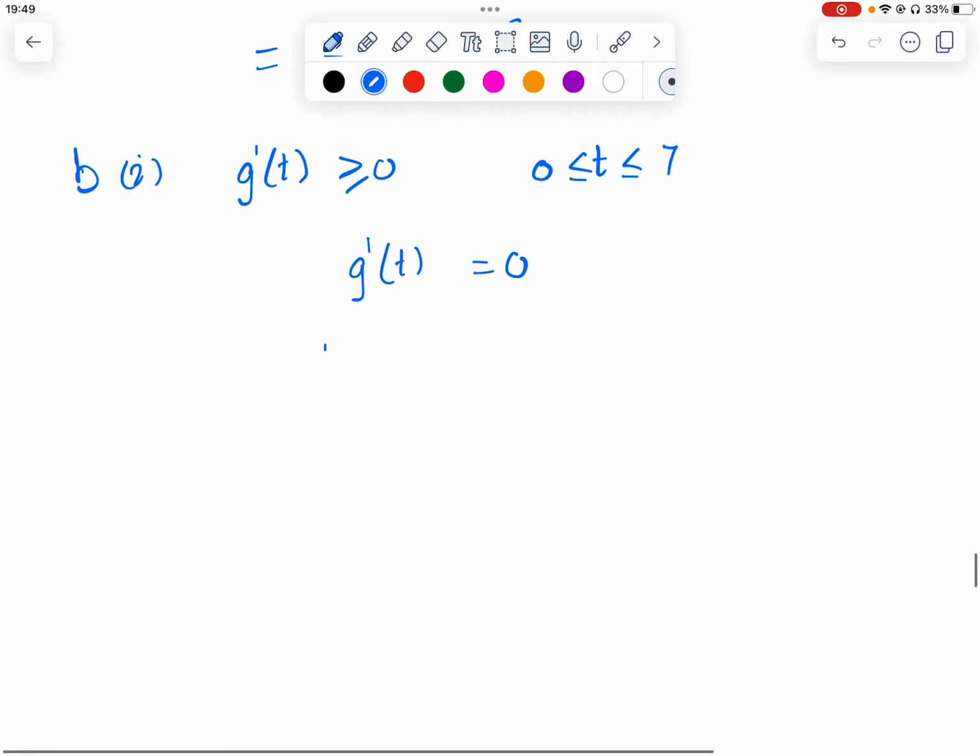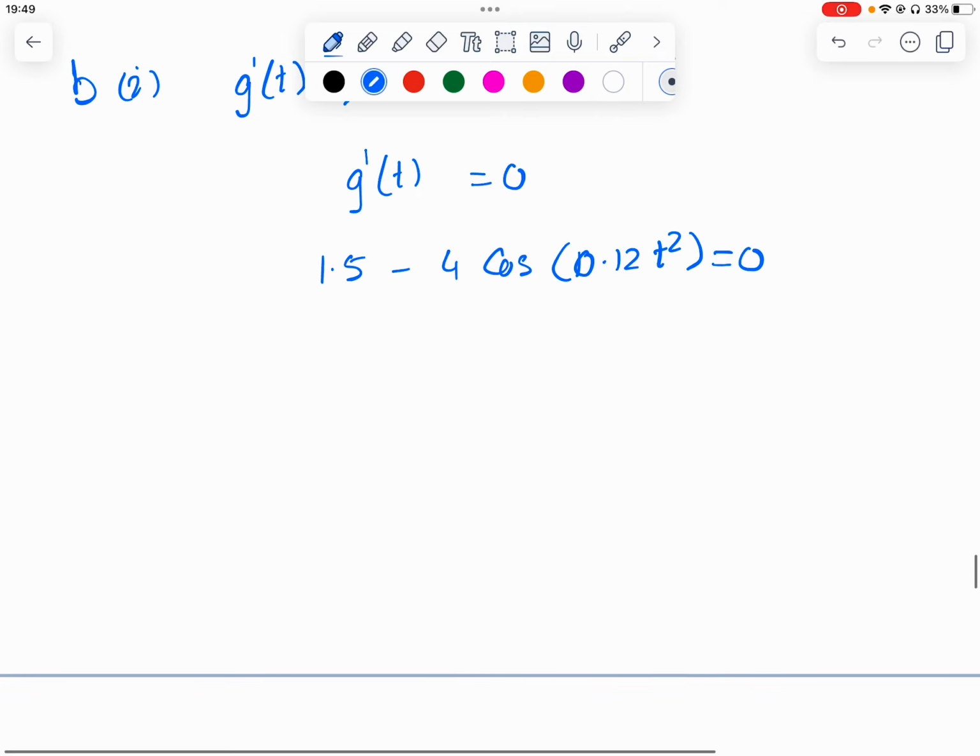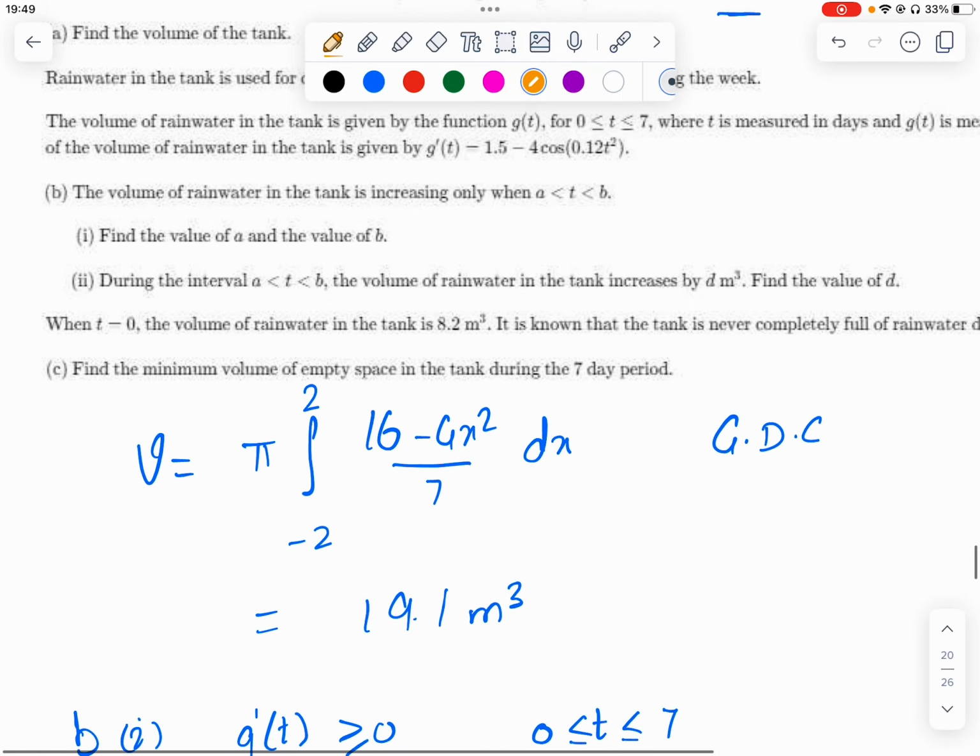What is g prime t? 1.5 minus 4 cos of 0.12 t square should be equal to 0. So use the GDC, you should be getting two values as the roots, 3.14 and 6.52 days. So this is a and this is b.